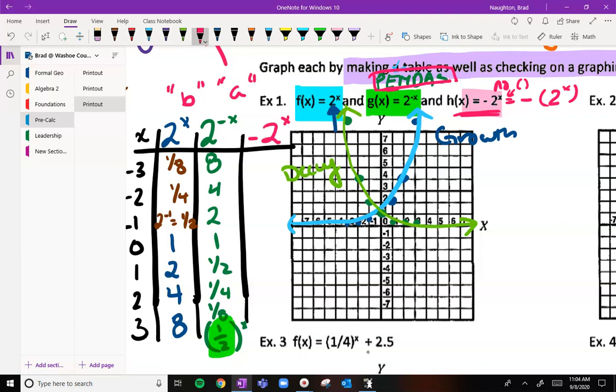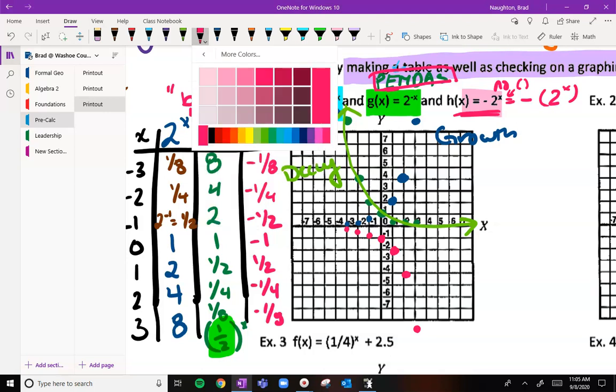So basically, it's going to be the same as our blue one, just everything is going to be negative. Negative 1, negative 1/2, negative 1/4, negative 1/8. So if I plot my points, it's going to be clearly a mirror image, but it's going to be underneath.